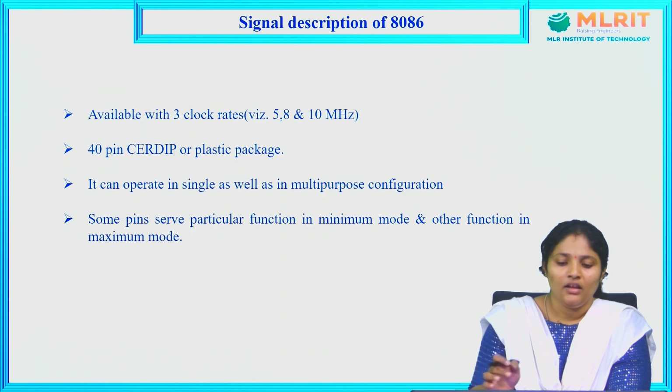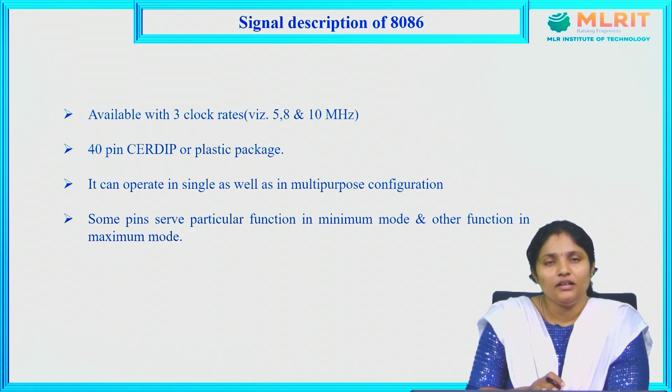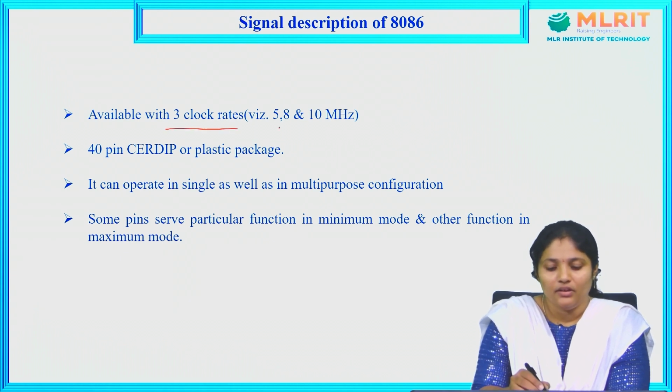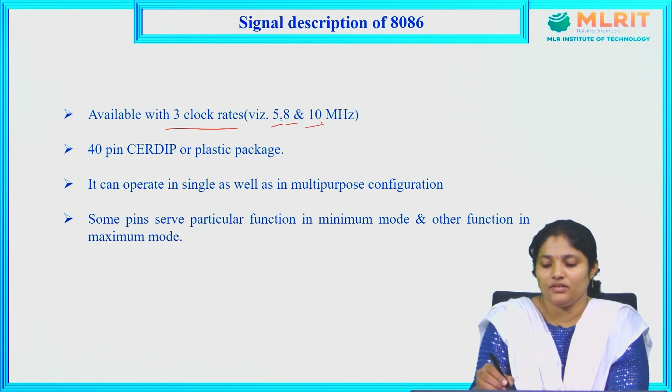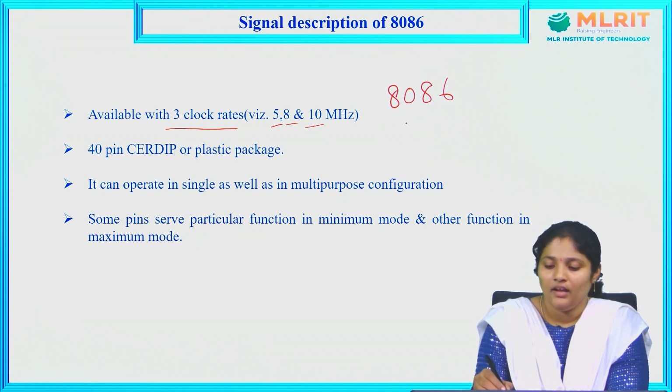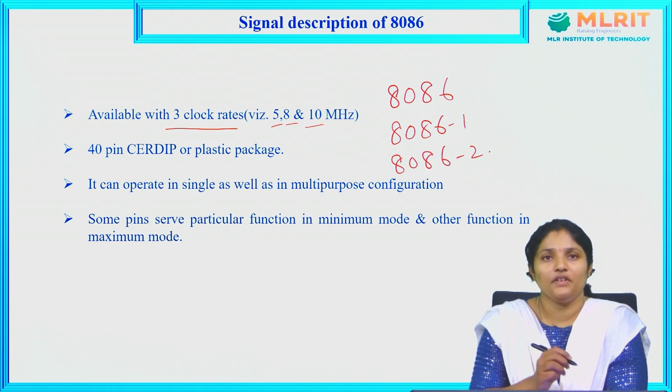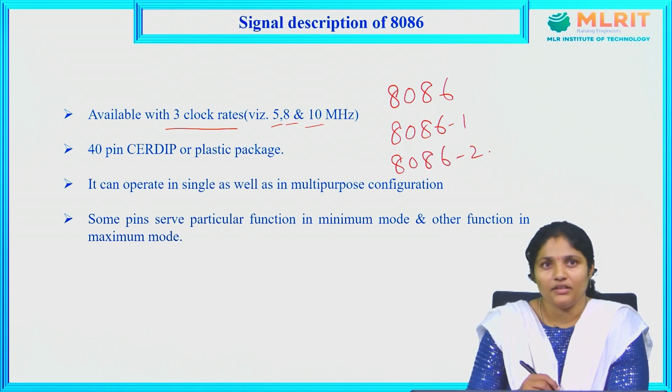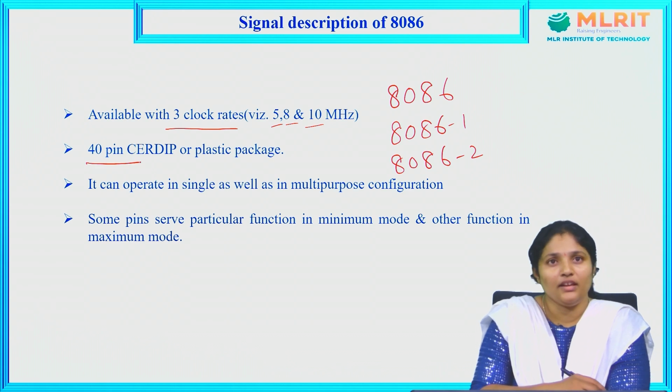Here we already know that the 8086 microprocessor has three clock rates: 5 MHz, 8 MHz and 10 MHz, for 8086, 8086-1 and 8086-2. Different processors have different clock rates, and it is a 40-pin dual inline package.